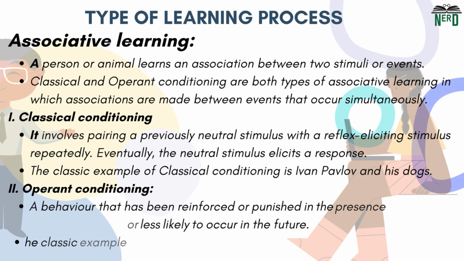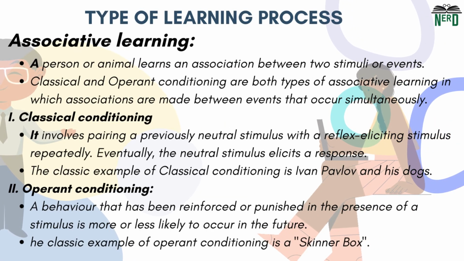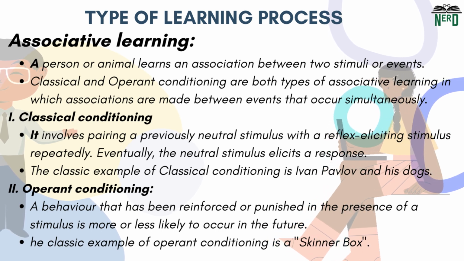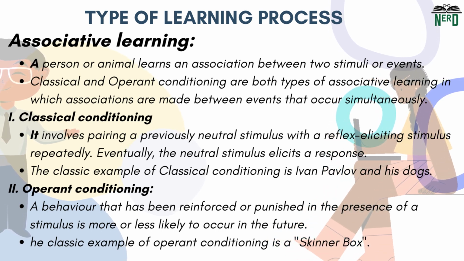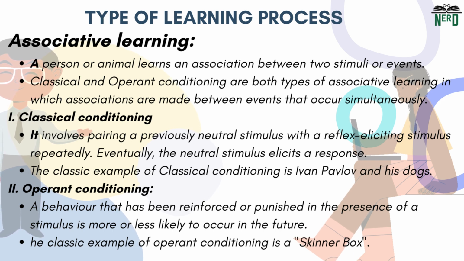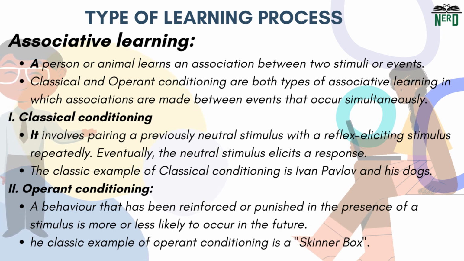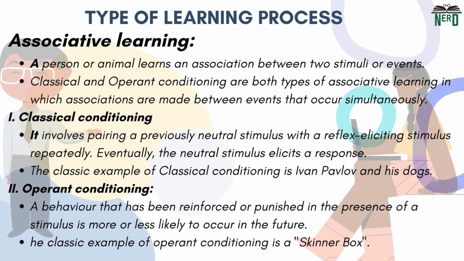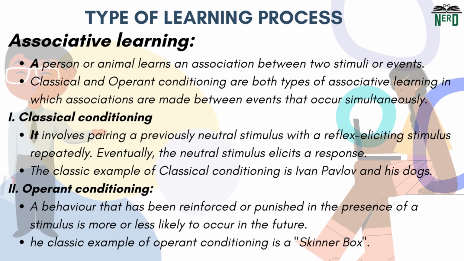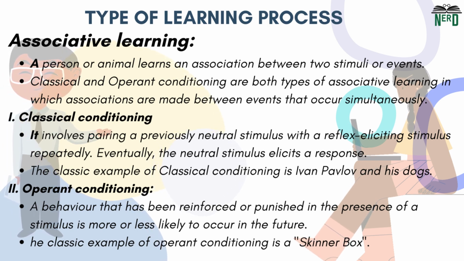Associative learning is how a person or animal learns an association between two stimuli or events. Classical conditioning and operant conditioning are the types of associative learning in which associations are made between events that occur simultaneously. Now let's briefly discuss classical conditioning, which we discussed in the previous class.